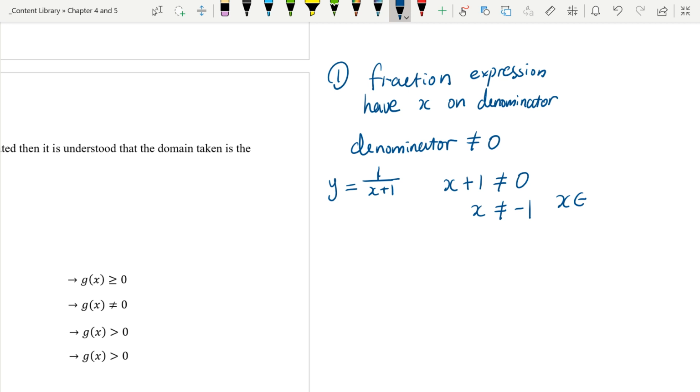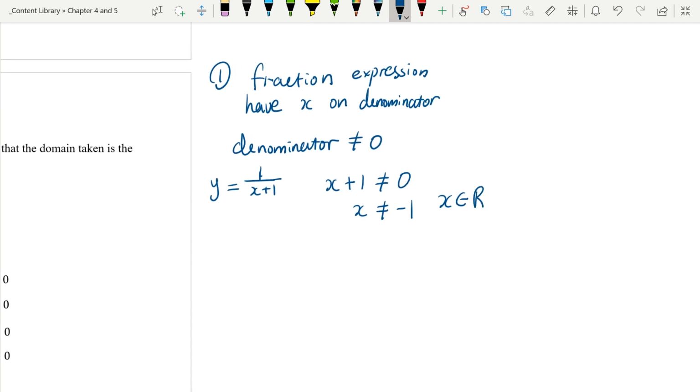So what can it be? It can be anything else except -1. How to remove it? Let's say everything is R. I want to remove -1 out of R. Do you remember set difference?